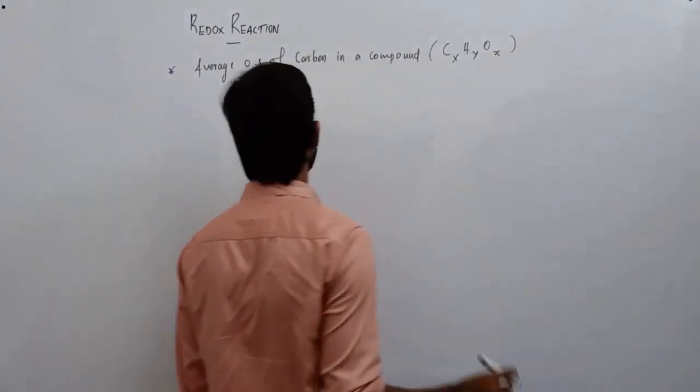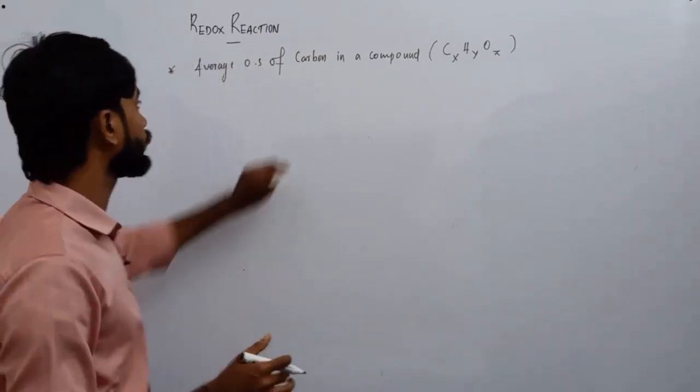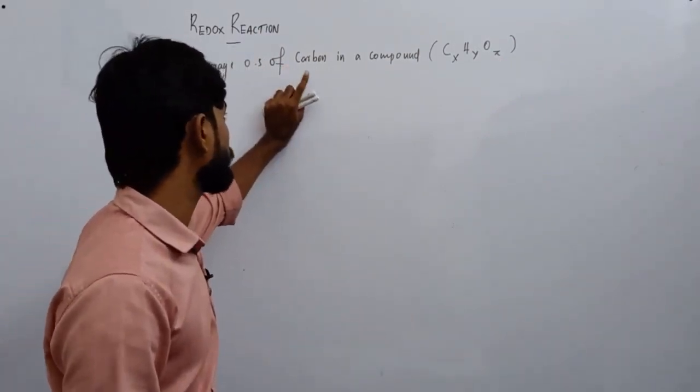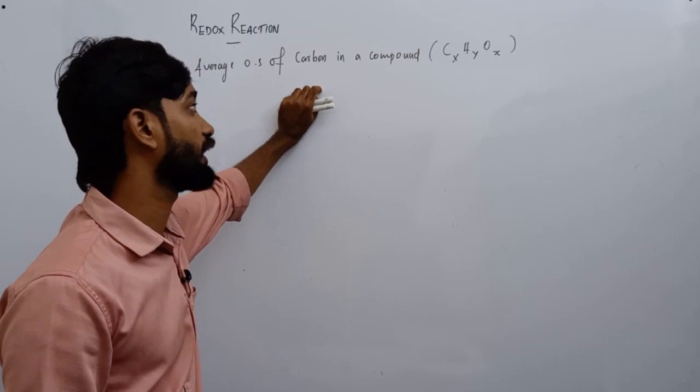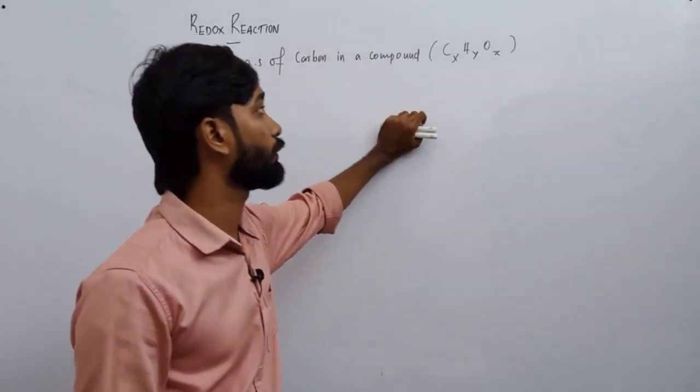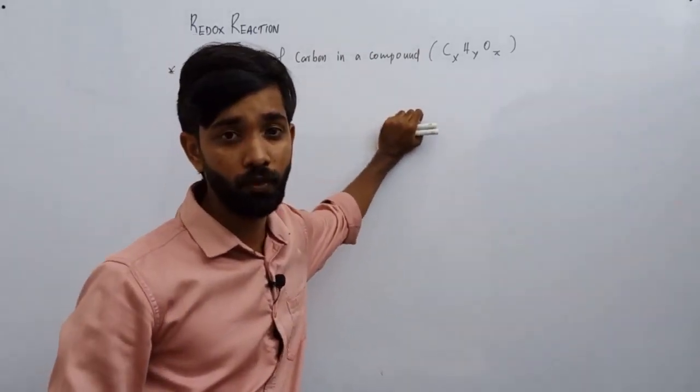So what is the logic? You are asked to find the average oxidation state of carbon in a compound which contains x carbons, y hydrogens and z oxygens.